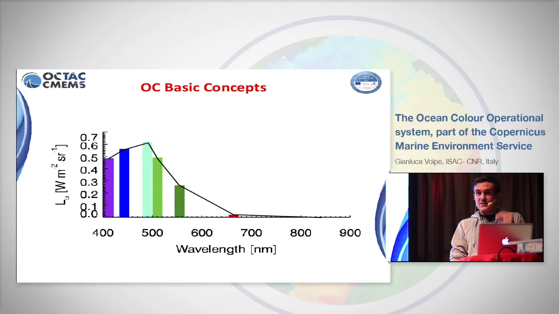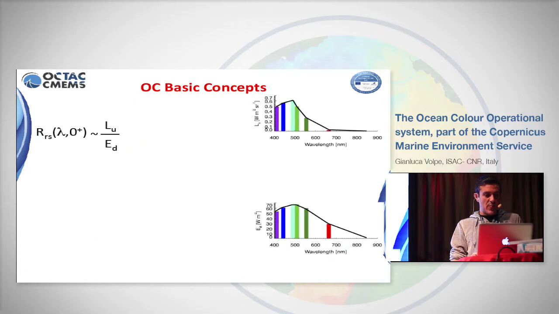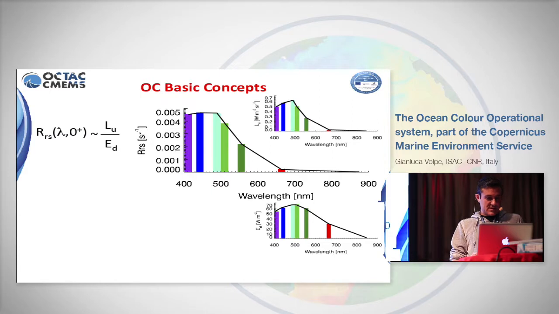When we combine these two measurements, we have the remote sensing reflectance, which is defined as the ratio of LU over ED. This is the spectrum. And in this area, you can see that the water was quite bluish with the maximum at 490.